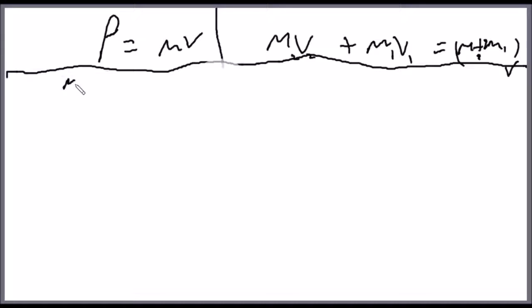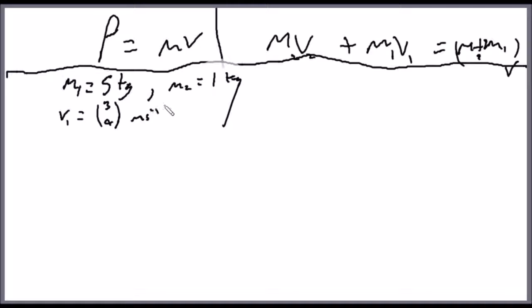So let's take two objects. Object 1 has a mass of 5 kilograms. Object 2 has a mass of 1 kilogram, and the initial velocity of object 1 is this vector here, meters per second, and the velocity of 2 is 0.